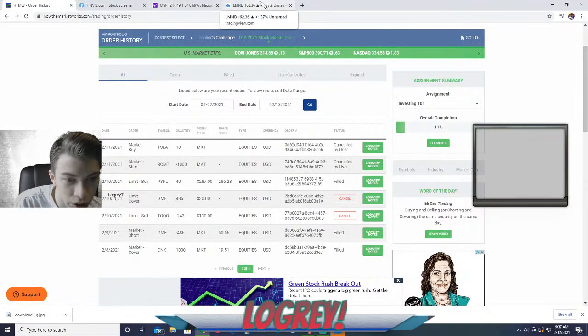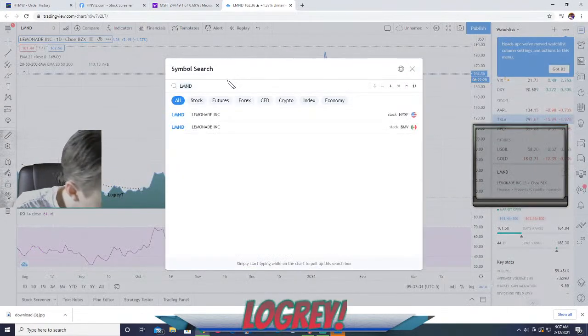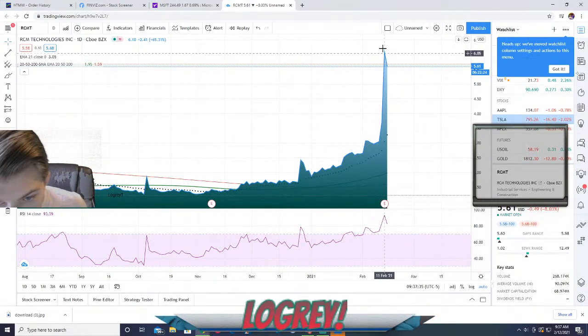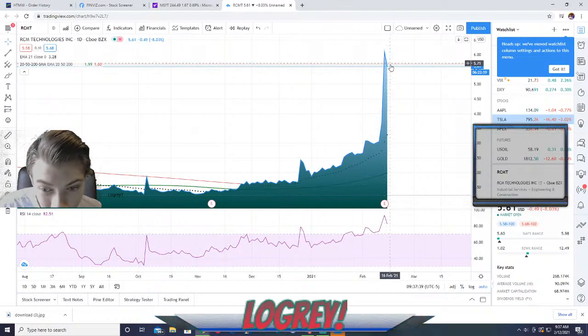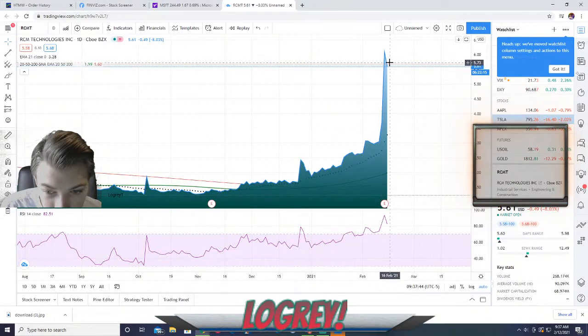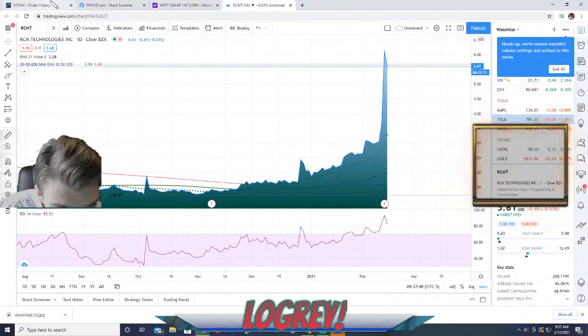So let's go ahead and show you RCMT and see how it looks. As you can see, if I had bought it, if the order went through at the beginning, it's already going down a lot. This is way above this line, so I think I'm still going to short it. I might wait and see if it goes a little higher.